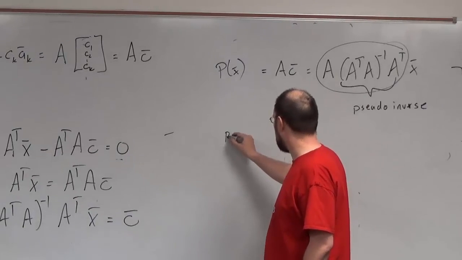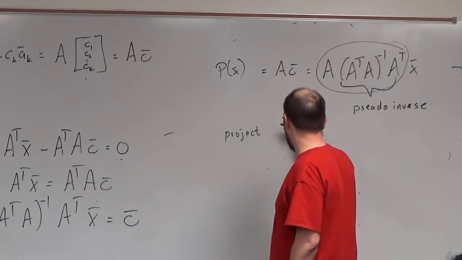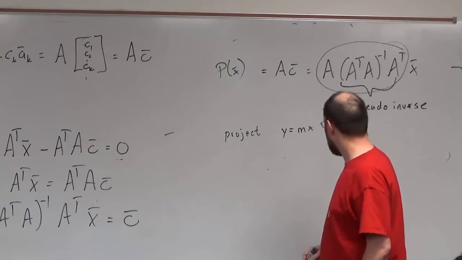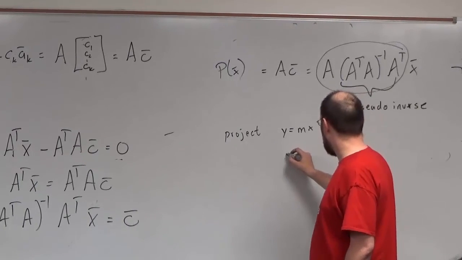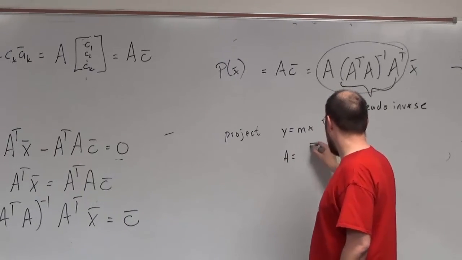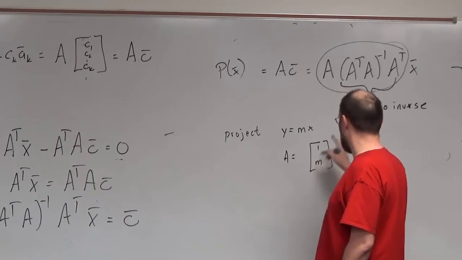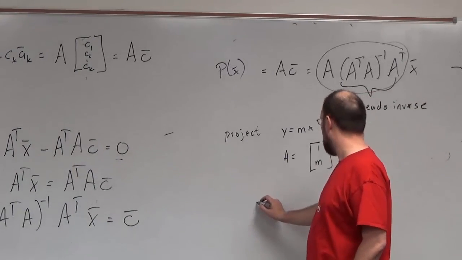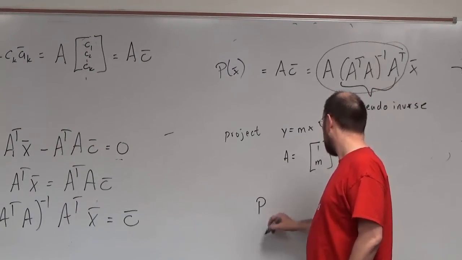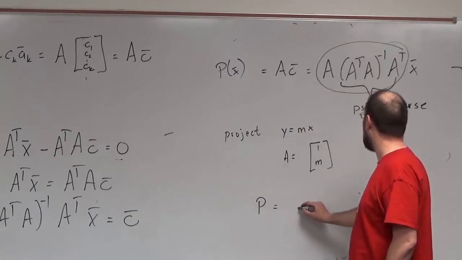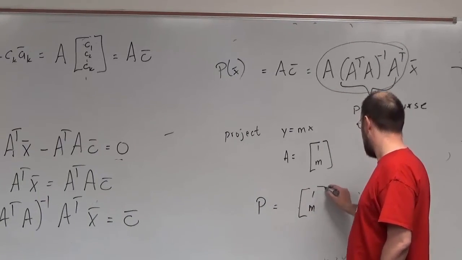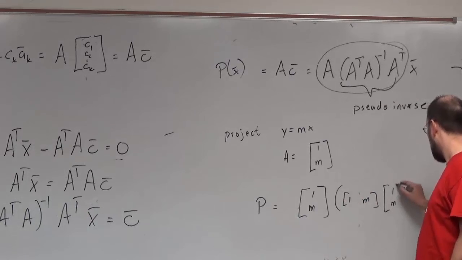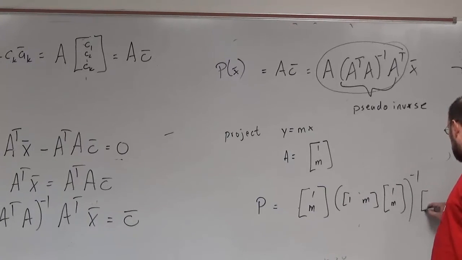So if you wanted to project R2 onto a line, you see that a basis for that line would be the vector (1, m), right? Because any multiple of this will give you something on the line. So the projection matrix would be A times A transpose A inverted times A transpose.